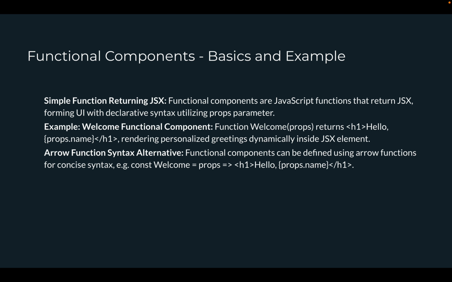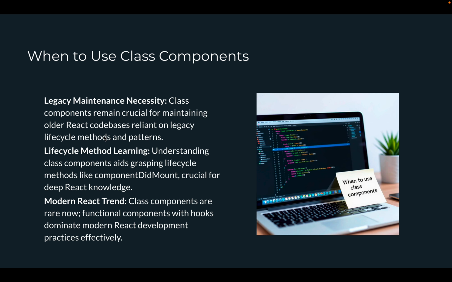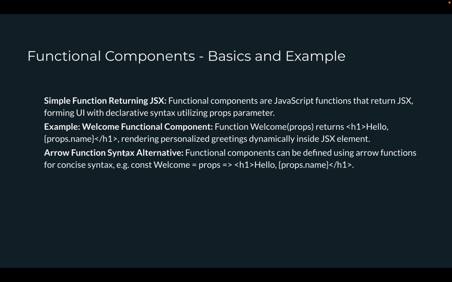If we want to see that: function Welcome(props) returns h1 Hello props.name, rendering a personalized greeting dynamically inside a JSX element, means this code basically dynamically renders inside the JSX element by using a functional component.